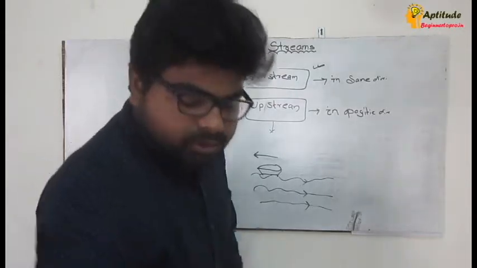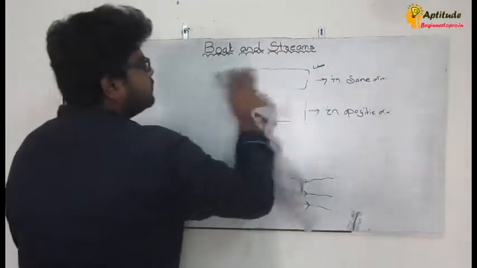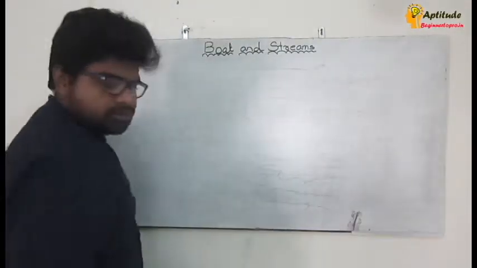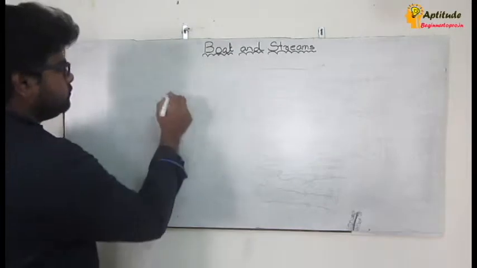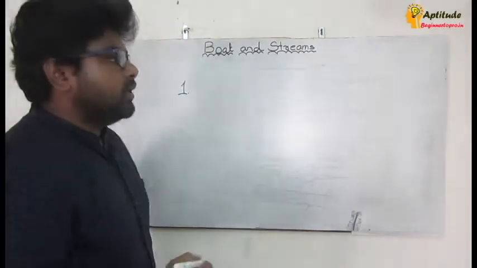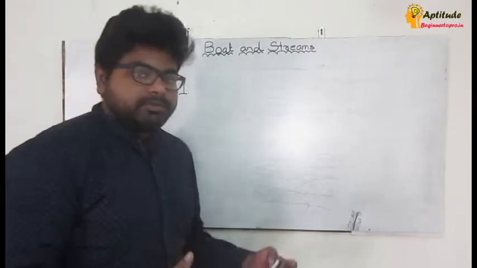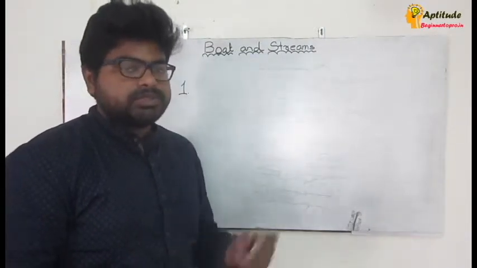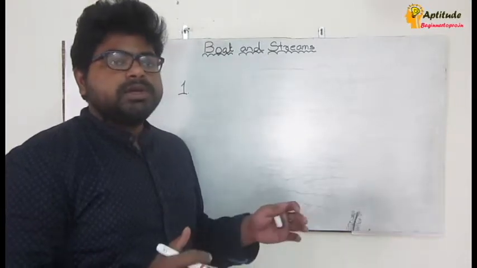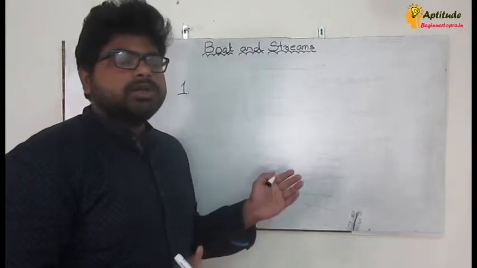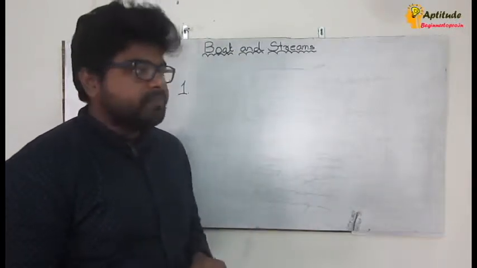Let's see some of the formulas of upstream and downstream. We have discussed the relative velocity concept in the previous video. If you are new to this video, just go and take the basic concept of relative velocity, which is discussed in the topic problems on trains.